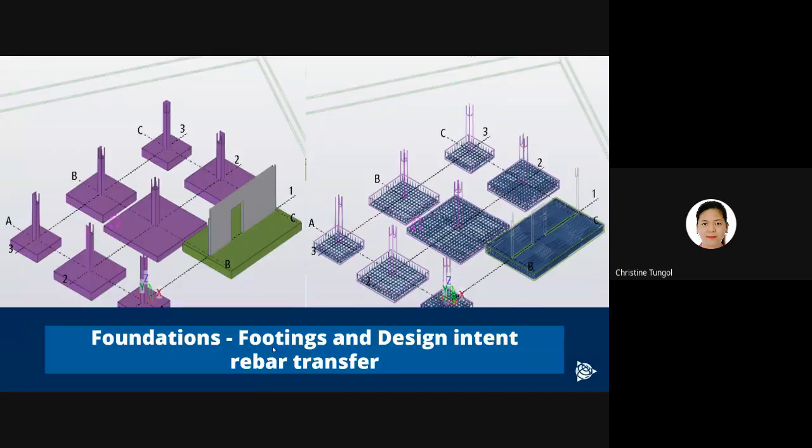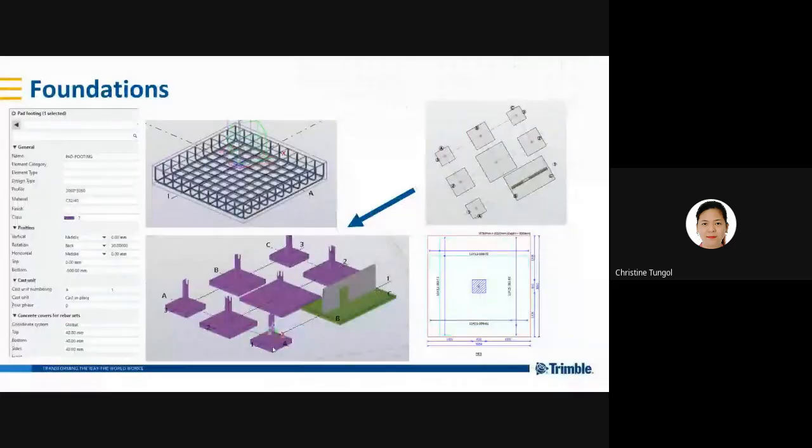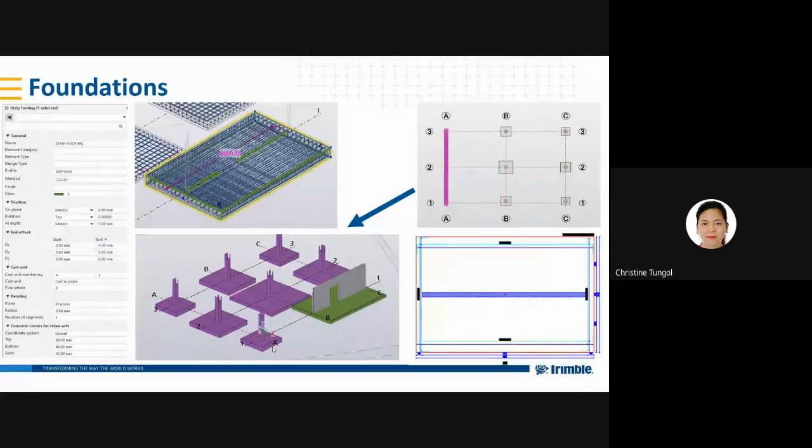So for pad bases to pad footings, not generic slab as in the old transfer. Transfer of top and bottom reinforcement is defined, and end detail modifiers are used to create hooks. So for strip bases to strip footings, not generic slab as in the old transfer, transfer of top and bottom reinforcement, if defined, sorry.